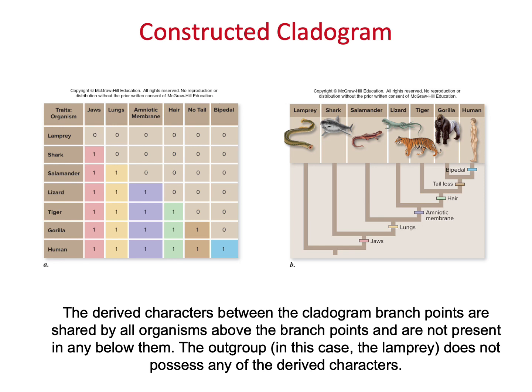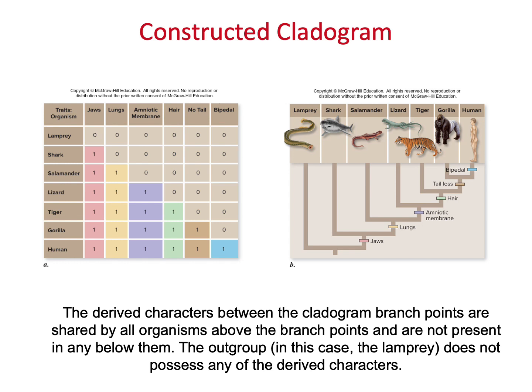For each character, such as presence of jaws, lungs, amniotic membrane, hair, no tail, and bipedal, you look at all of these characteristics in the outgroup, which is lamprey here. Since the outgroup doesn't have any of these characteristics, you give 0, for ancestral characteristics.